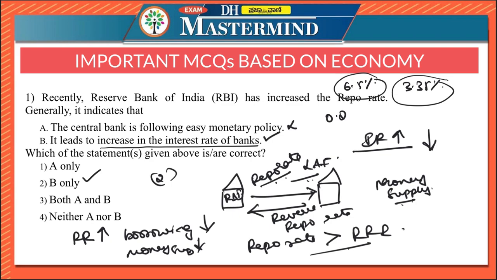When repo rate increases, the banks will try to pass on that increase to the customers. Therefore, the banks will also increase their interest rates. So this is the entire setup called liquidity adjustment facility. Repo rate and reverse repo rate are part of the liquidity adjustment facility of the Reserve Bank of India.